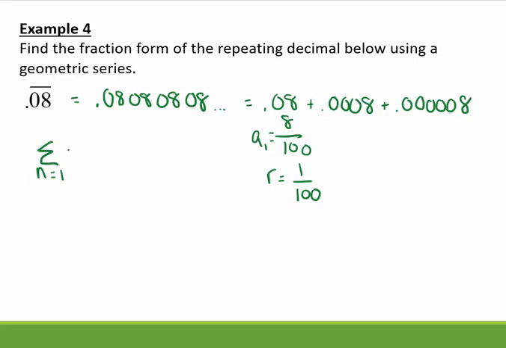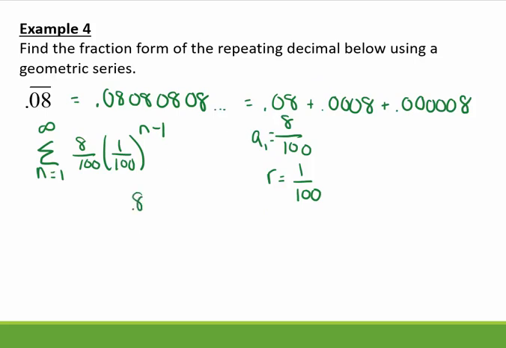So this is the sum, n equals 1 to infinity of that, so that's what that would be as a geometric series, but let's actually write that as a fraction. And let's use this piece here. So what do I have there?